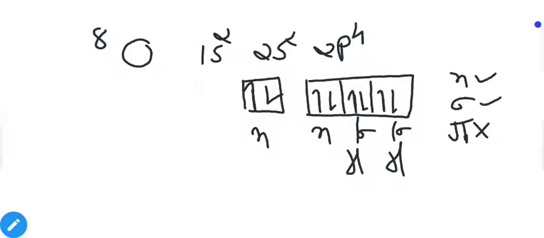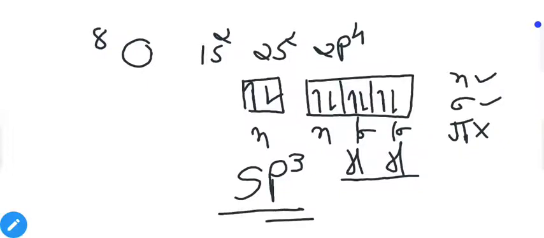So we have one non-bonding electron pair in the s orbital, one non-bonding electron pair in a p orbital, and two sigma bond pairs, so a total of 3 p orbitals. So the hybridization will be sp3. That means around the oxygen we have 4 electron pairs arranged in a tetrahedral manner.